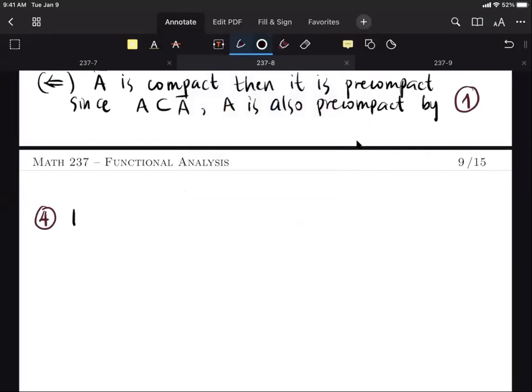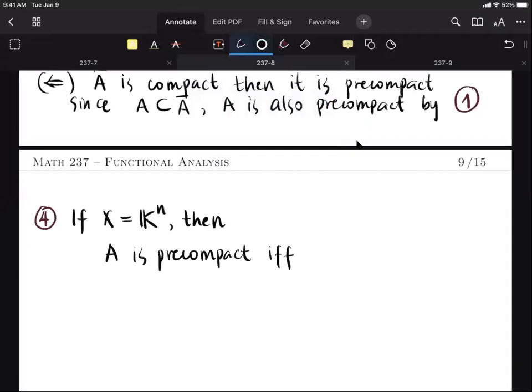Under the special case of k to the n, which is complete, then A is pre-compact if and only if the closure is bounded.